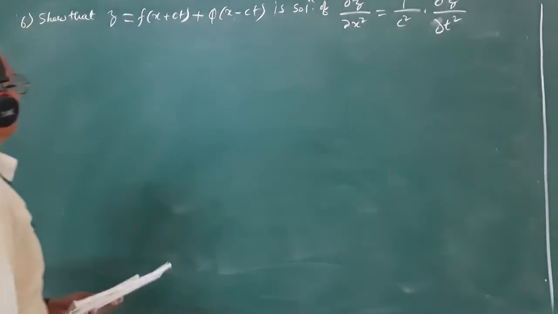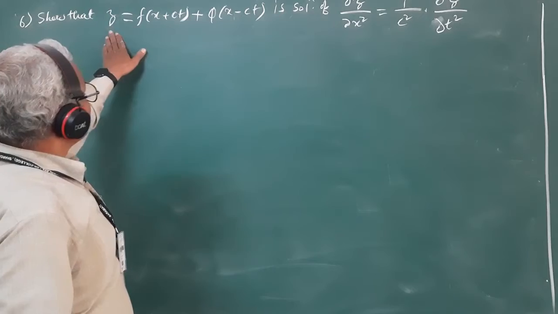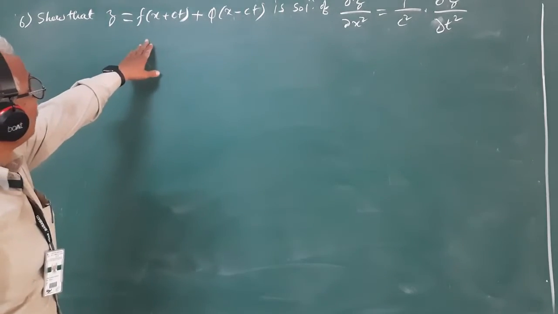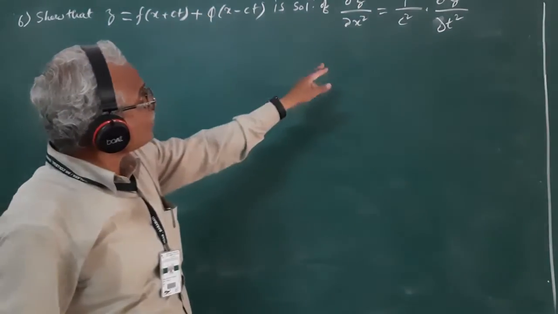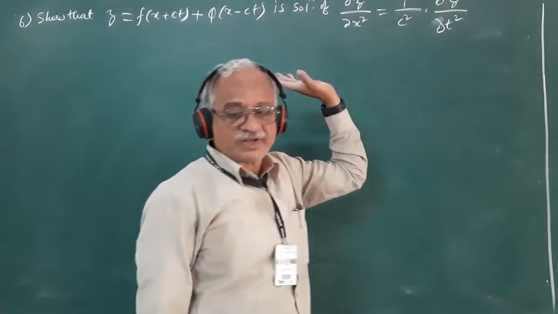So you are asked to prove that this function z equal to f of x plus ct plus phi of x minus ct is the solution of this differential equation.